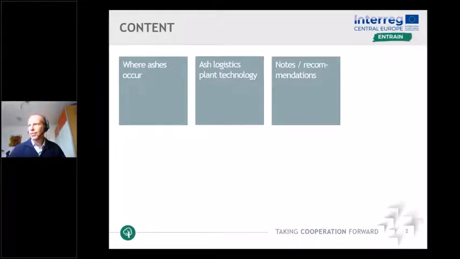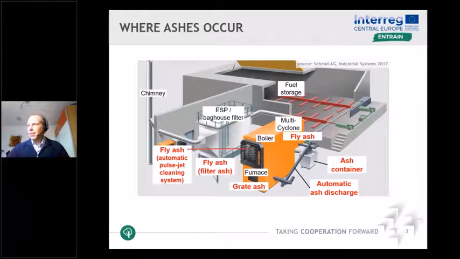First, where ashes occur in a district heating plant. Then a short look at what plant technology is used for automatic discharge of ashes, and some concluding notes and recommendations regarding ash handling. So first, let's start with where the ashes occur in the plant.